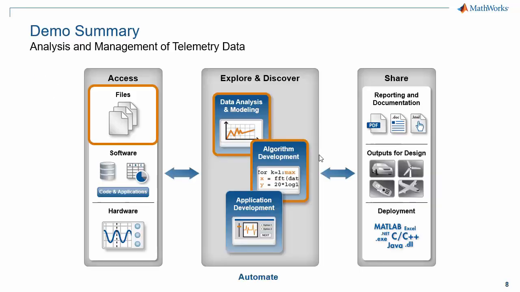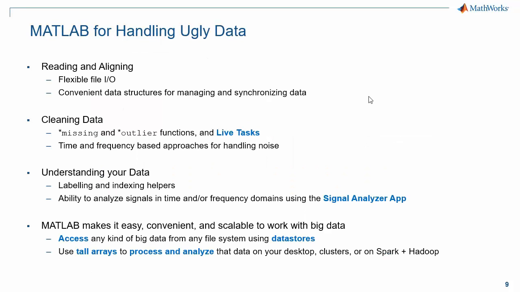If we go back to our data analysis workflow, as I said, we really focused in on this initial section, getting files into MATLAB and getting them ready for further statistical analysis, modeling, and algorithm development. MATLAB has a wide variety of tools to help you get your raw data suitable for analysis.